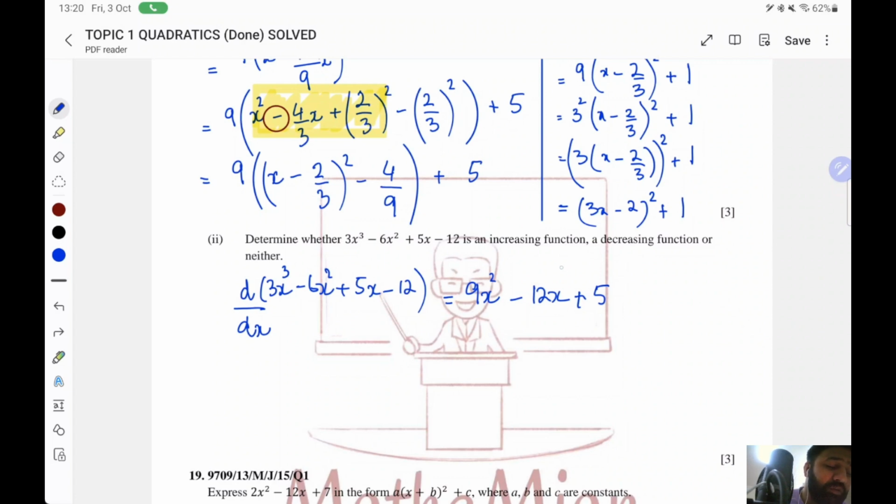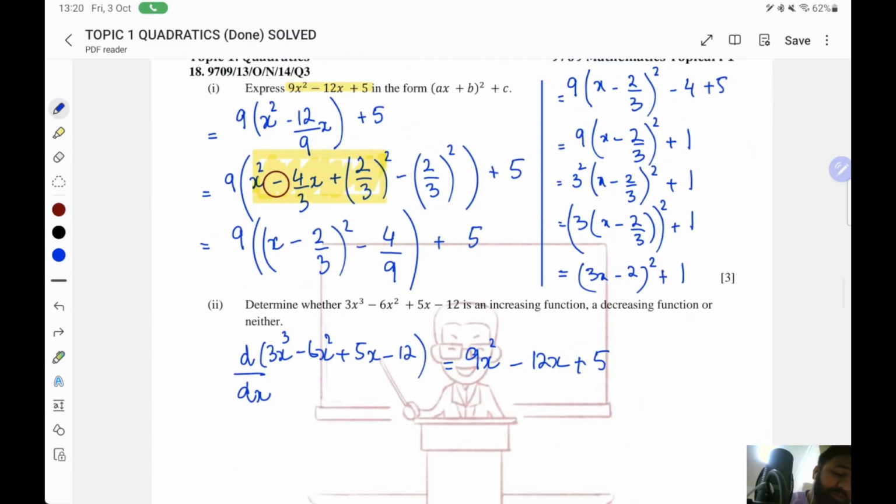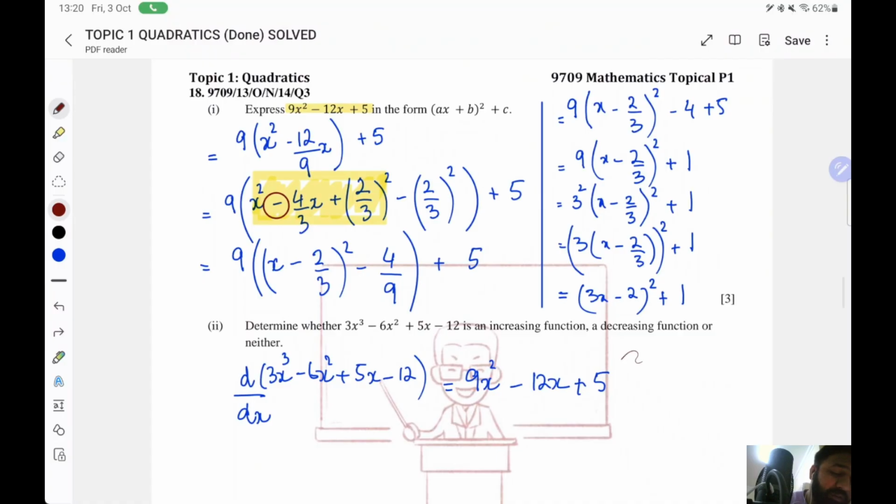I have just found the derivative, and after finding it, can you see the answer that I got from the derivative and the previous question? Whenever he says you need to check whether the function is increasing or decreasing, he is basically asking you to find the derivative.